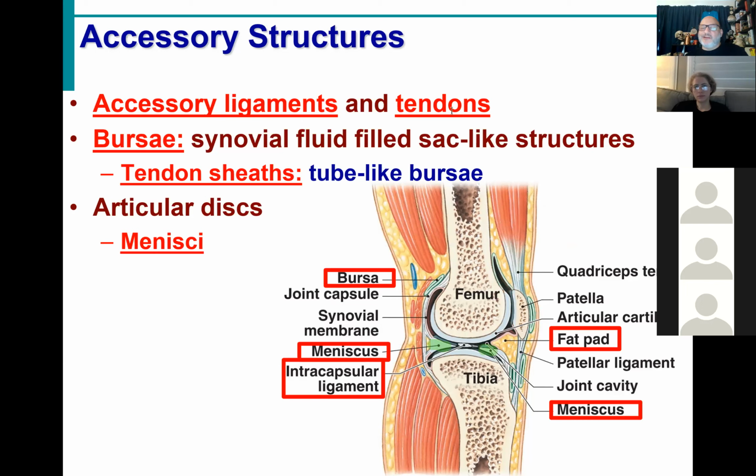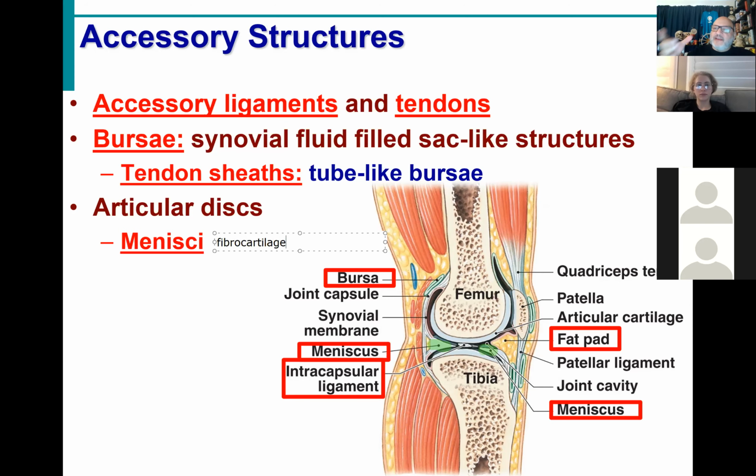Notice we know articular cartilage is hyaline cartilage, but we can also have a big chunk of fibrocartilage in the joint. This can provide extra stability and extra cushion. And that chunk of fibrocartilage that we find in the knee is known as the meniscus.